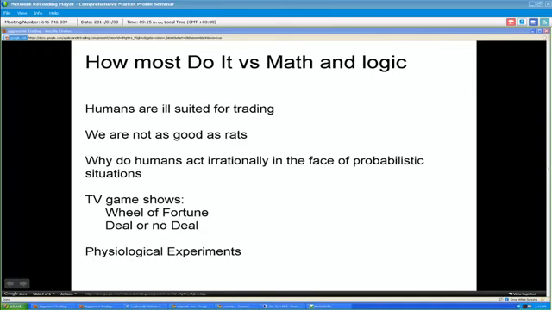So they had a situation on the Dutch version of the show, where somebody had, I think, 3 or 4 briefcases left, and his expectation was about $175,000. That's the actual mathematical expectation, and they offered him $100,000 to stop. Actually it was euros.